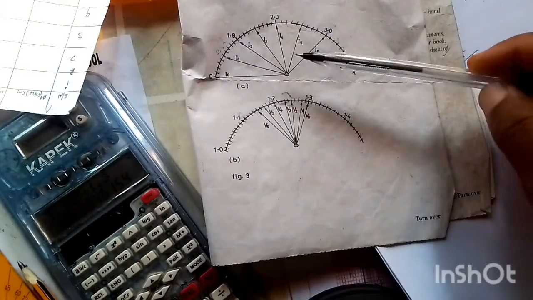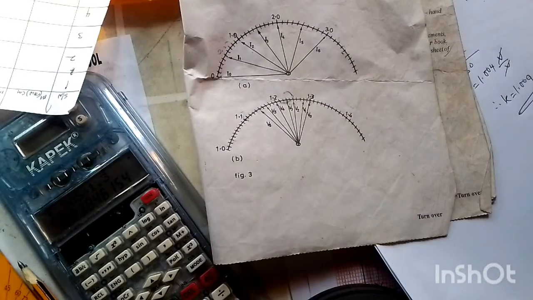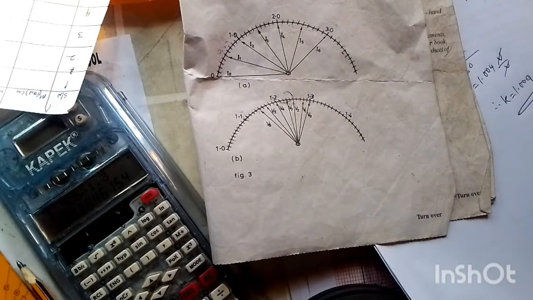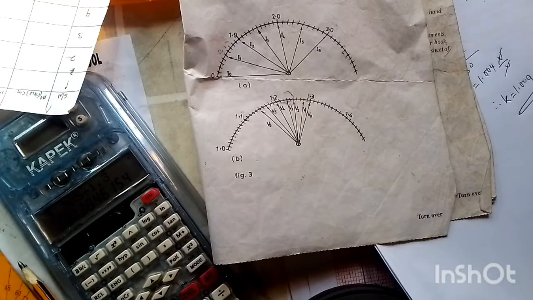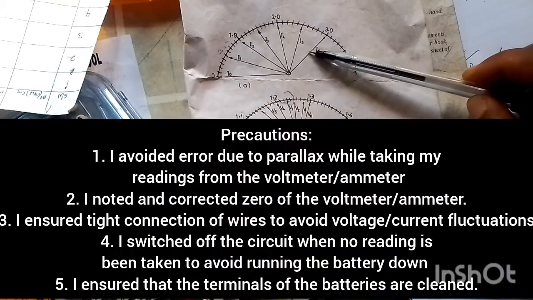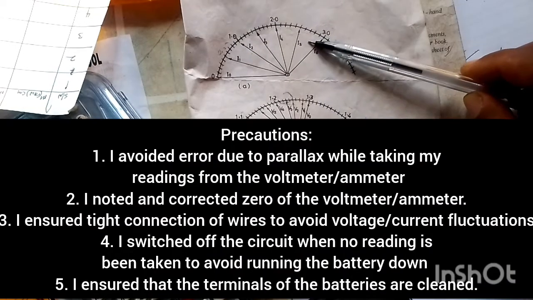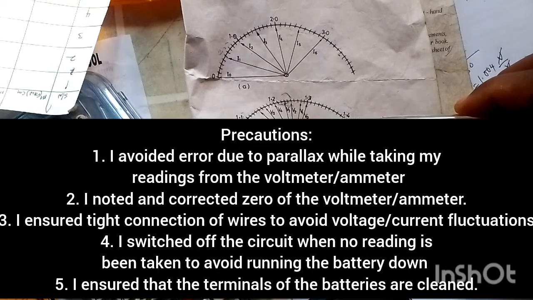This is a voltmeter, this is an ammeter. Remember I told you about zero error and parallax error. So you can as well say, I avoided error due to parallax while taking my readings on either the ammeter or the voltmeter. That is number 1.